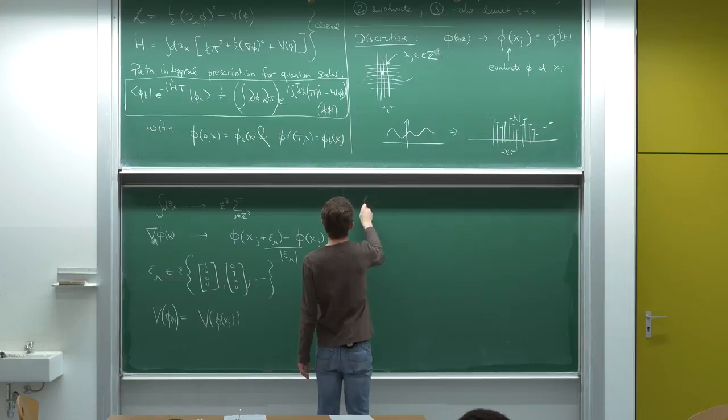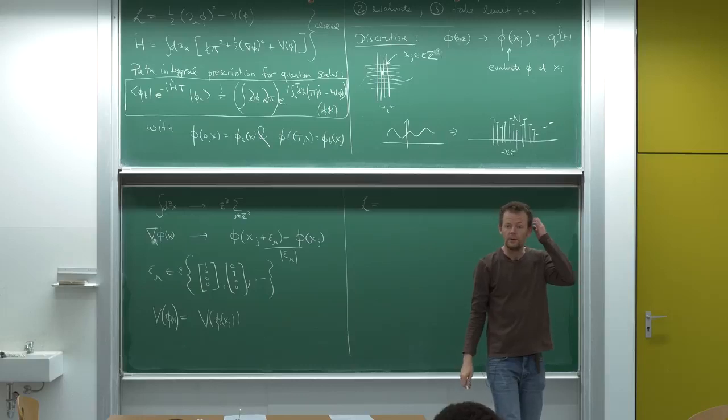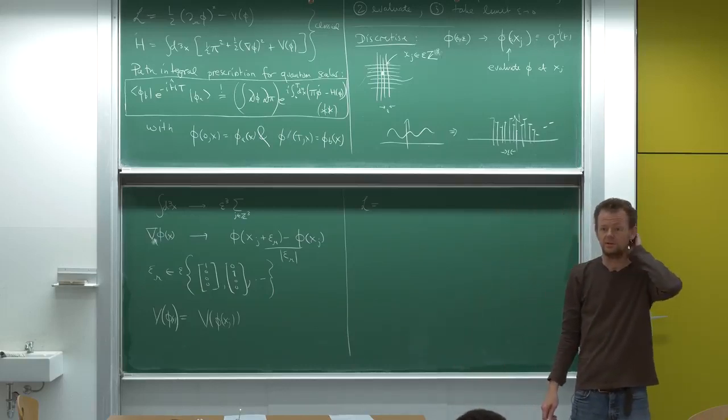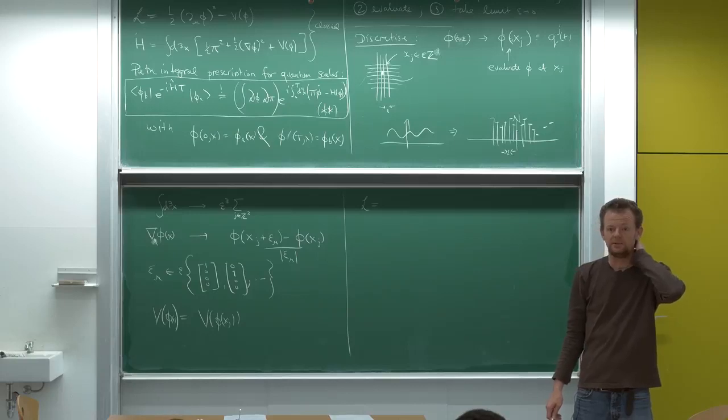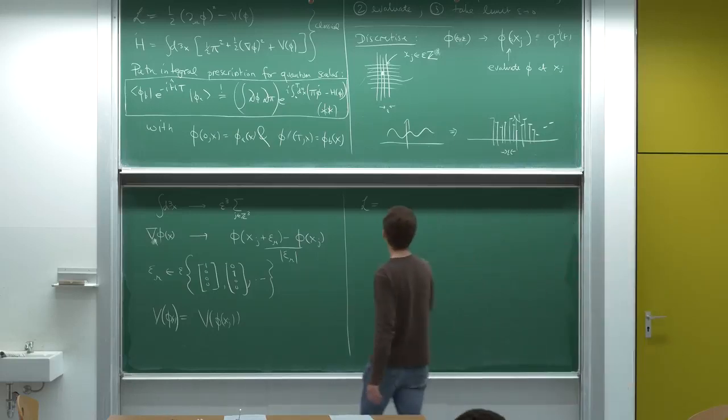So the Lagrangian, or the Lagrange density, when you discretize the Lagrange density, gives you an epsilon in front of the time derivative. So I'll show you what I mean.